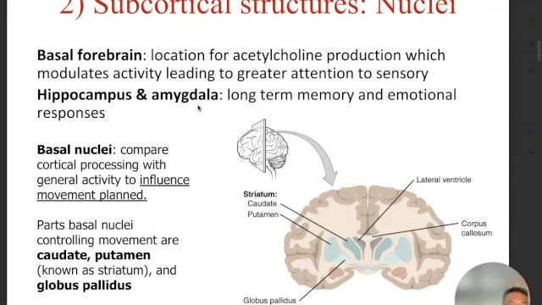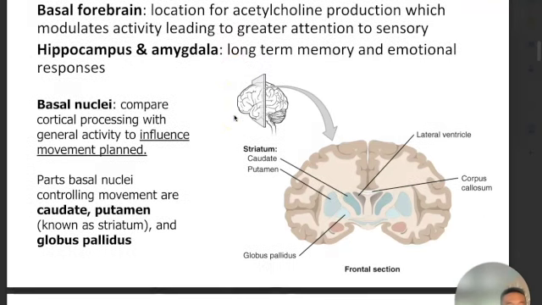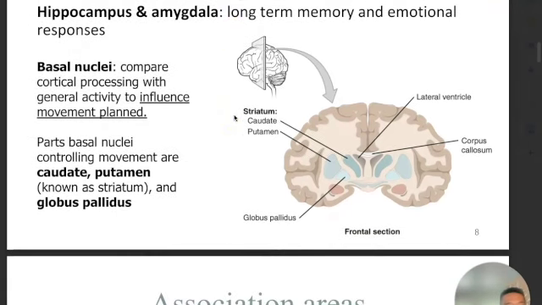The basal forebrain is the location for acetylcholine production. You guys remember what acetylcholine is, right? It's a neurotransmitter. Let's see, this one doesn't show it here.